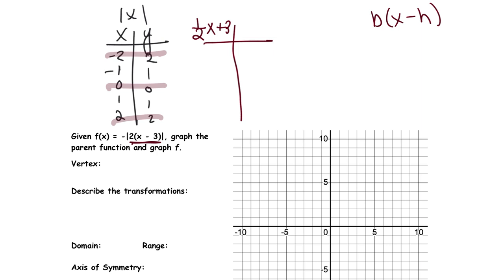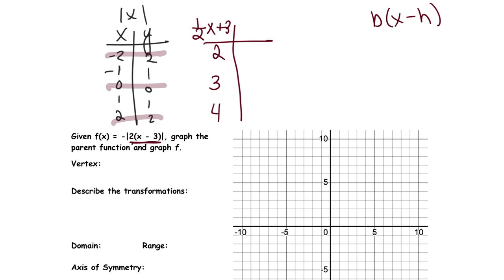No, -2 times a half. What's -2 times a half? Plus 3. Do good math. Half times 0 plus 3. 2 times a half plus 3. Okay. So those are our transformed x values.